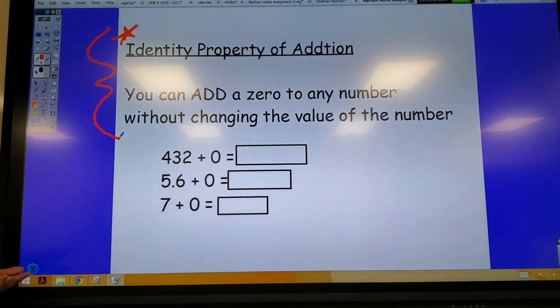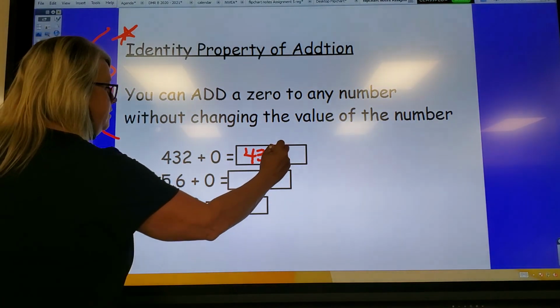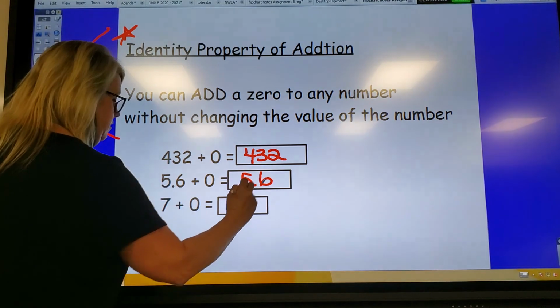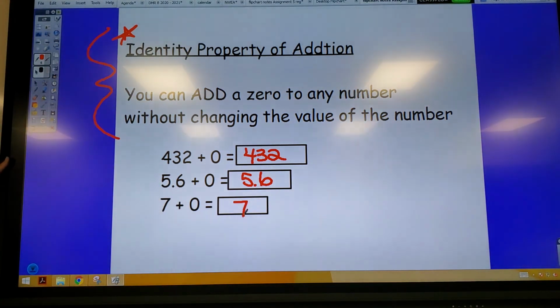Now, I know you guys know that already, but it's important for you to know that it's called the identity property. I don't really think you need to write an example. Maybe write 7 plus 0 is 7 if you want an example. But it works whether it's a whole number, a decimal number, a fraction, a negative number, a big number, a small number, doesn't matter. Any number plus 0 is itself.